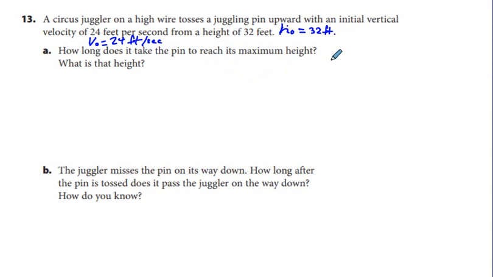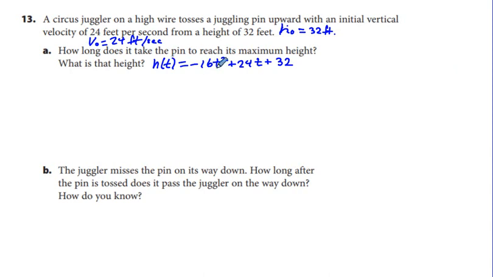We'll be able to find that quite easily if we have the vertex form of the equation. We're going to start out with a standard form by writing down h of t equals negative 16 t squared plus v sub 0, which is 24, t plus h sub 0, which is 32.